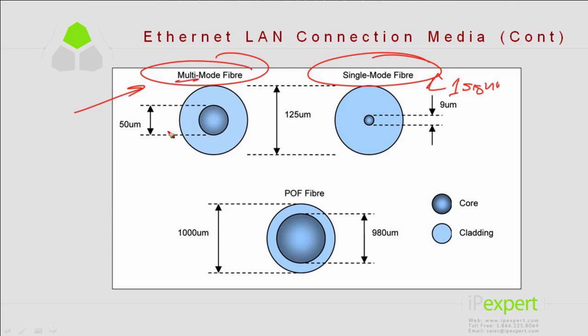So multi means more than one signal; single mode means I'm only able to carry one. And look at the operational differences. My multi-mode fiber has a fiber optic conductor that is 50 micrometers in width, while my single mode has a 9 micrometer thickness. So the multi-mode is bigger, and we're going to understand why when we look at how this is implemented.